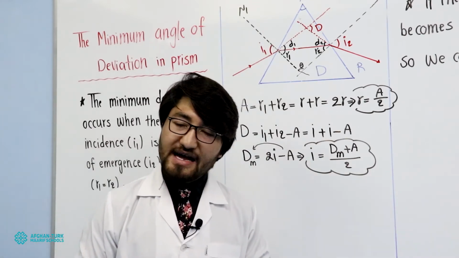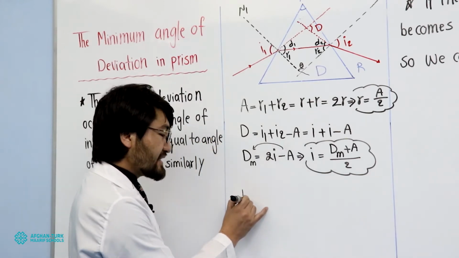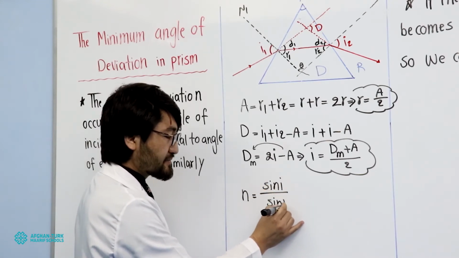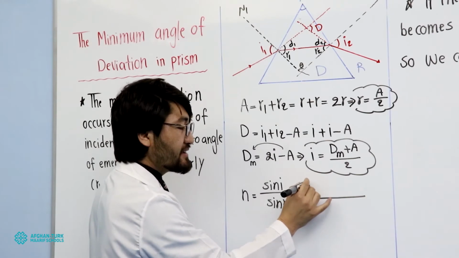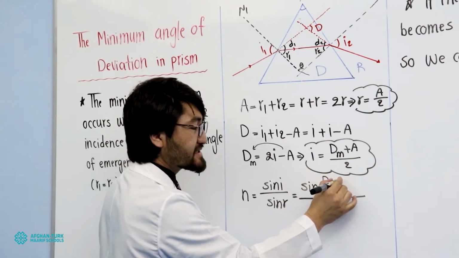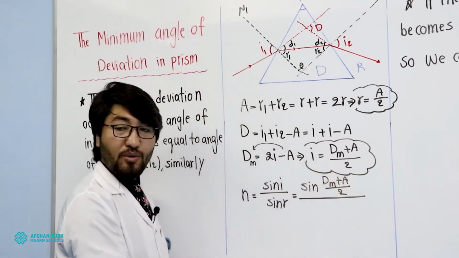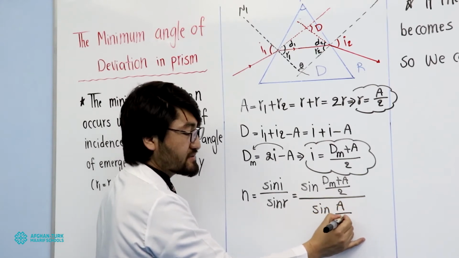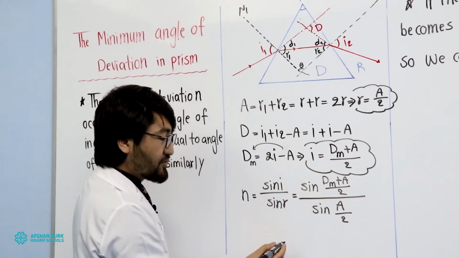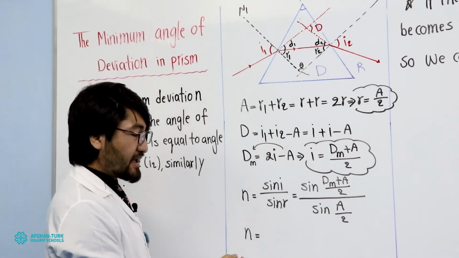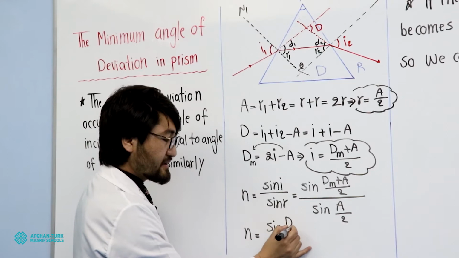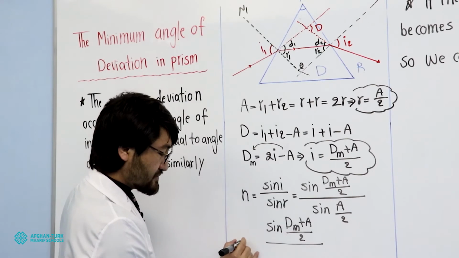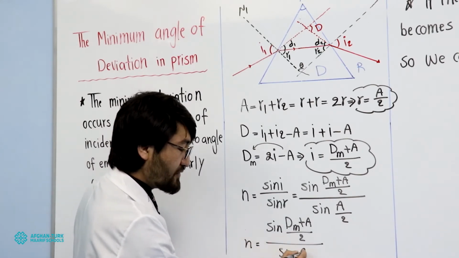Now, you know the refractive index: n is equal to sine I over sine R. What is sine I? It is sine of (Dm plus A) over 2. What is sine R? Sine R is sine of A over 2. This is the formula, let me write it for you. n is equal to sine of (Dm plus A) over 2, over sine of A over 2.